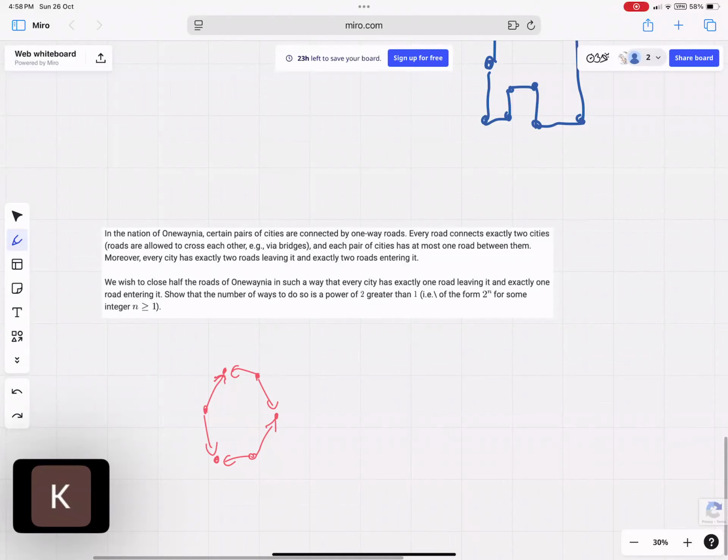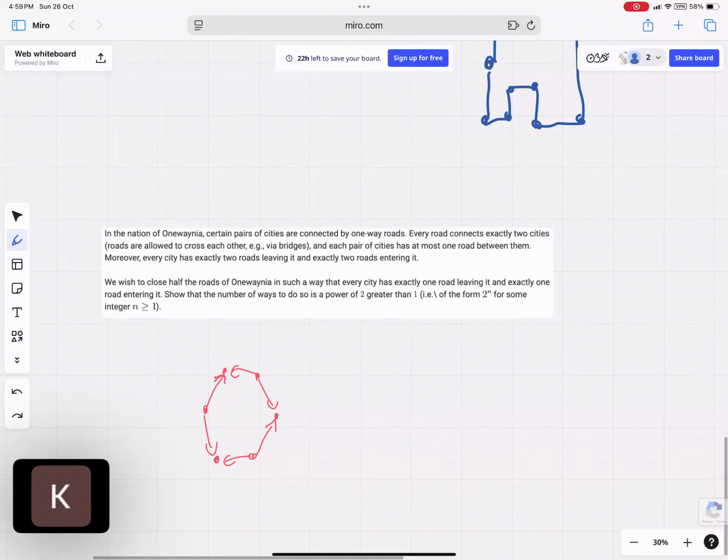Let's say there are k cycles. You just have to do the k ways of choosing cycles, or something like that. So you'll want to think about what the graph looks like. The chosen graph looks like a union of cycles. That's not that hard.